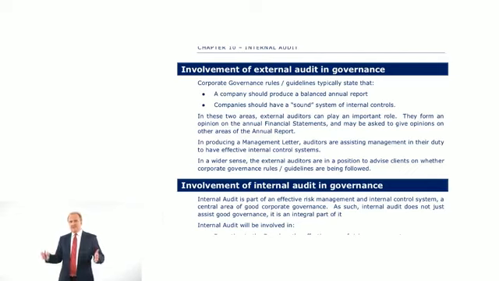So, just as a bit of early comparison, more of this coming up in a page or two, a reminder that external audit is there to make sure that the accountability side of corporate governance is being dealt with by making sure that the company's financial statements are true and fair.